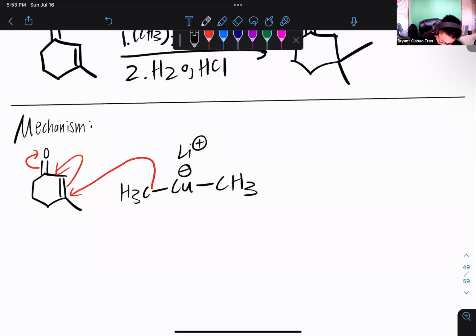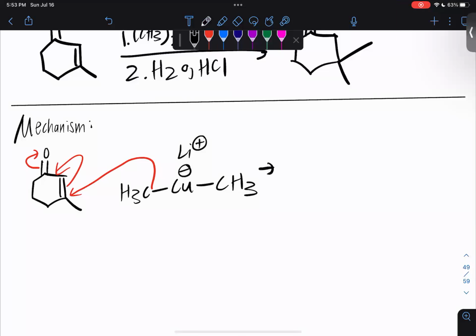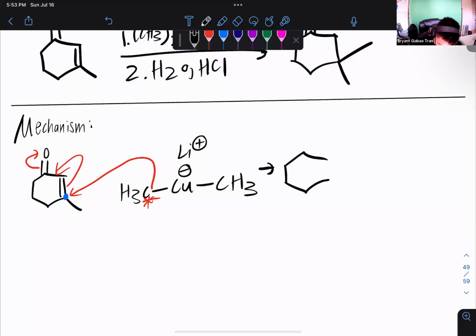I doubt you need to know this mechanism, but it's useful to understand it to remember the reaction more. Let me see if I have the notes on it too. I've been making cheat sheets of everything, every chapter I've gone through. That's good. Yeah, I have this one.